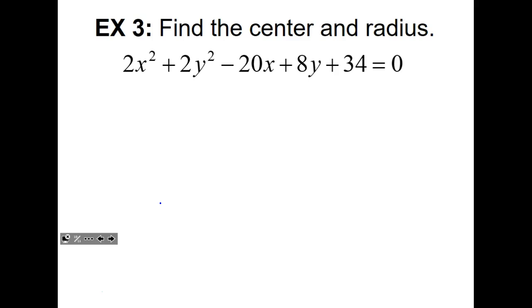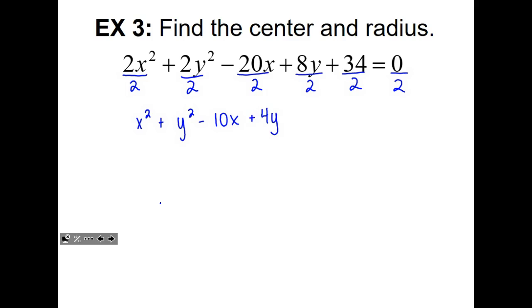Okay, so for this one, Matt, what's the first thing I should do on this problem? Good. We're going to divide everything by 2 because we do not need to have anything in front of our x and y squared. So that gives us x squared plus y squared minus 10x plus 4y plus 17 equals 0.